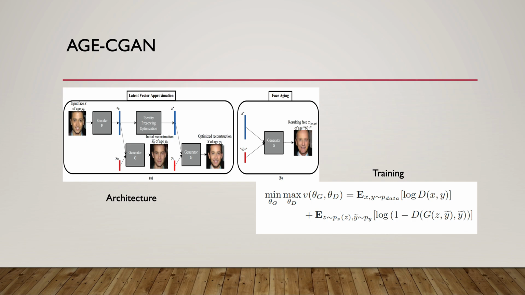That's what is happening in the first step. Then in step 2, given the target age y target, we generate the resulting face image by simply switching the age at the input of the generator. That's how the c-GAN goes about its training, and there is also a loss function used in training the c-GAN.